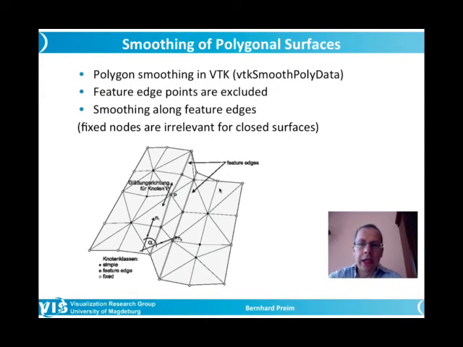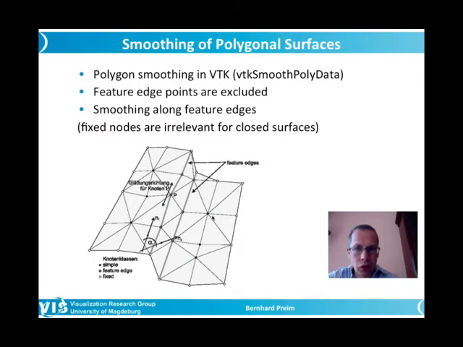But in the following, let's discuss how polygon smoothing is applied. That means we have a surface model and we want to smooth it. Smoothing means translating nodes, translating vertices, the points that you see here.